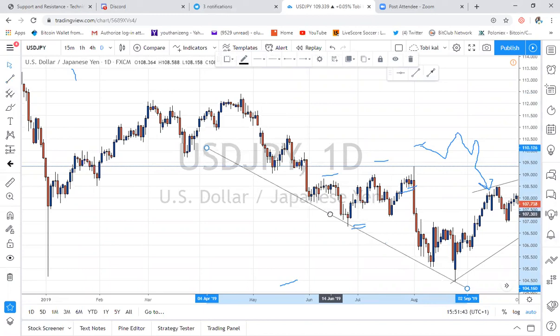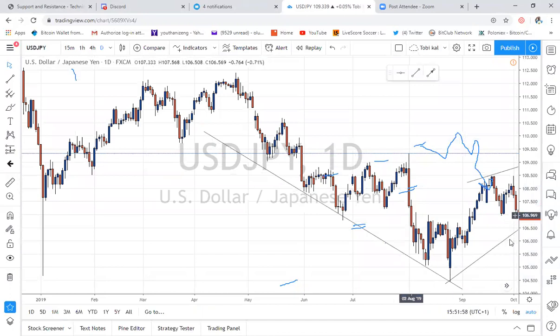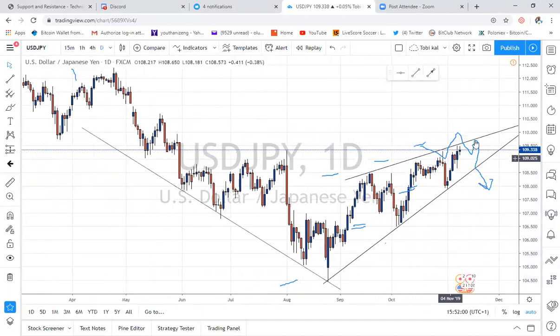So this would be a good trend, and then the trend expired at some point down there. The trend expired here because right here we stopped having lower lows, and we also started having higher highs.